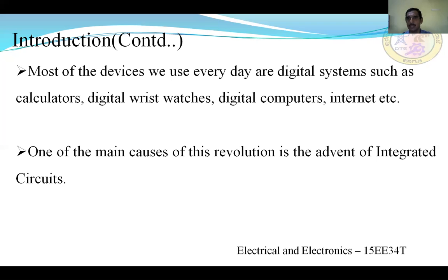It is a small component which has made all these digital revolutions in the world. This is a basic block for digital electronics. So in the next sessions, you will see the definition of ICs and the advantages of ICs.